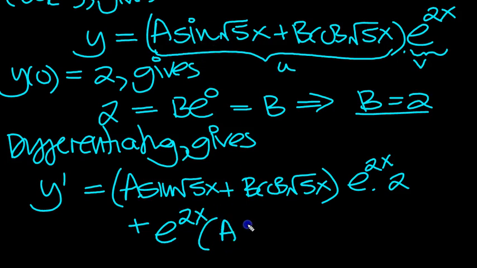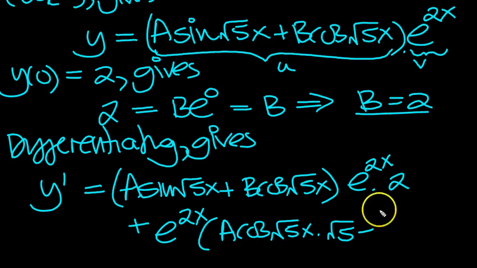So we've got a cos of root 5x times the something differentiated, which will be root 5, plus, and then cos goes to minus sine, so we'll need to put a minus there, minus b, cos goes to sine, and then multiplied by the something differentiated, which is root 5.